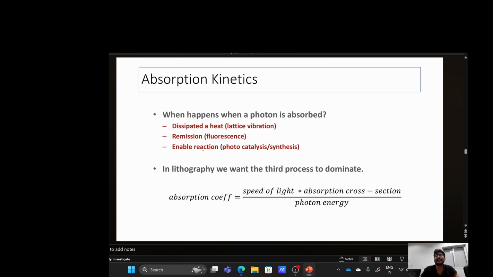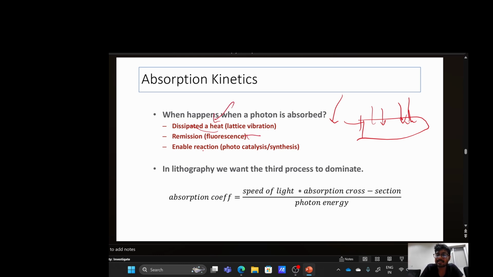Now the absorption kinetics. What are the things happening with the absorption of the light inside that thin film? There are three processes happening in that thin film. One is, when a photon is absorbed in the thin film, it is heating up because of the lattice vibrations, so there is heat dissipation.